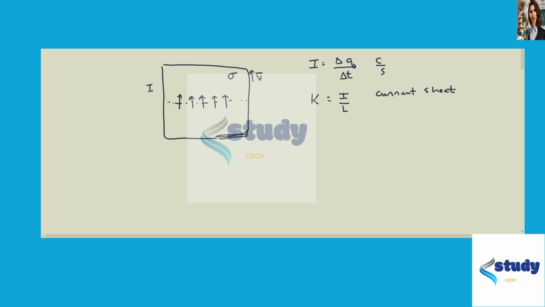So over here, I have a current sheet, and you can imagine that the current sheet is divided into strips, each of which is carrying a current I, and the total current is I per unit length times whatever length you are incorporating.